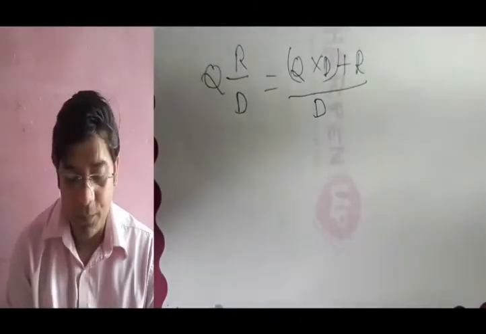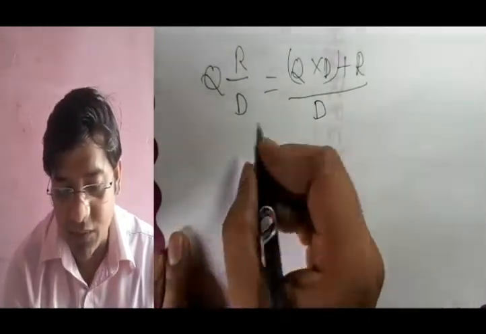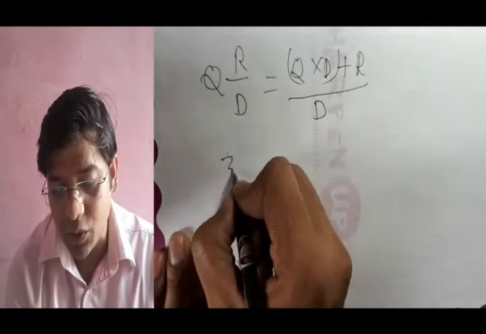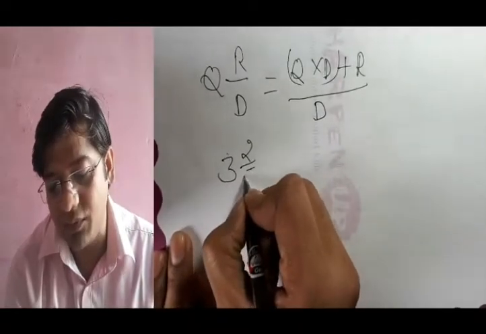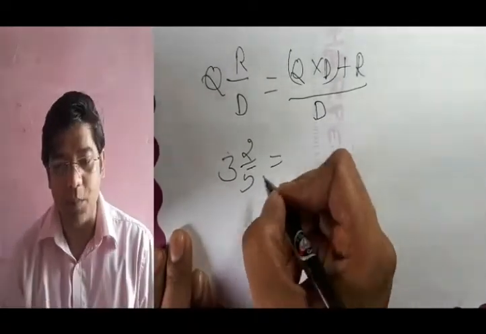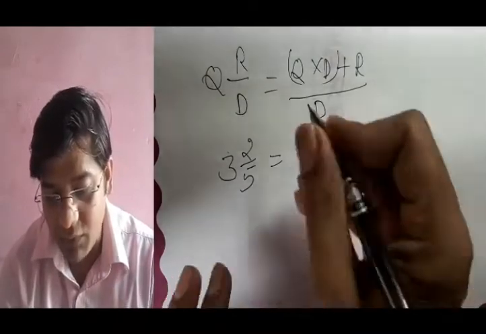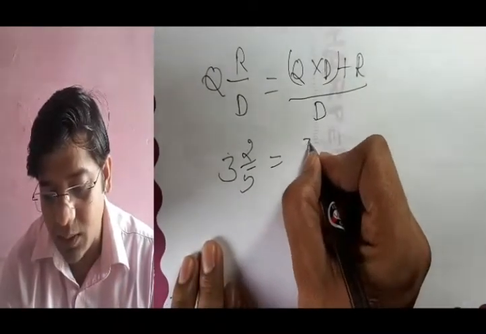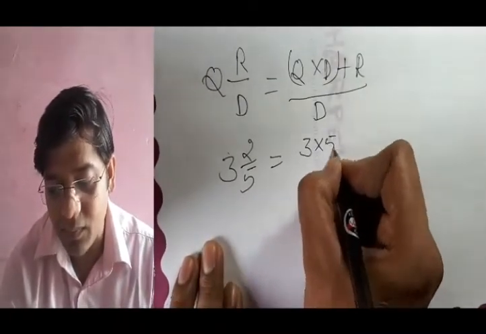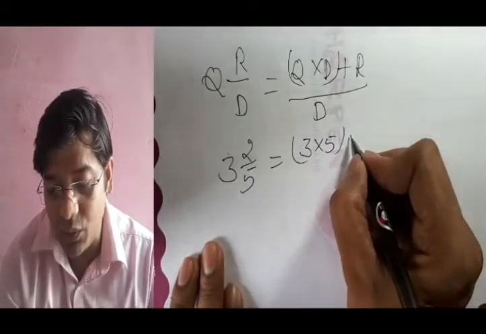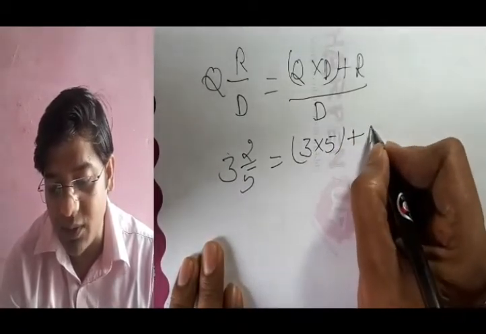Okay, now suppose I have a mixed fraction that is 3 complete 2 upon 5, and I have to convert this mixed fraction into an improper fraction. So what I will do here, I will first multiply 3 by 5, then add the remainder to it. What is our remainder here?